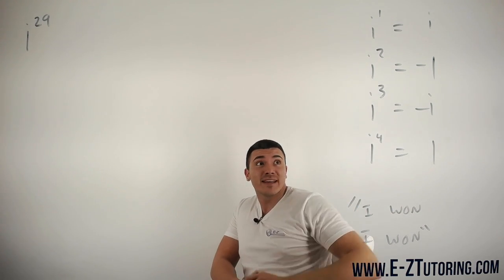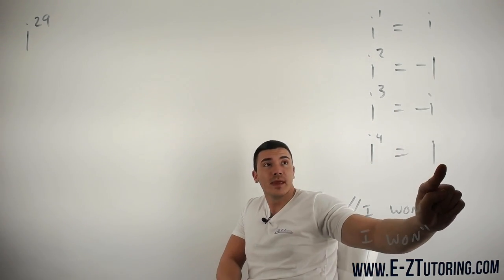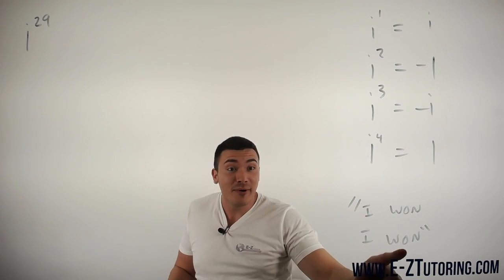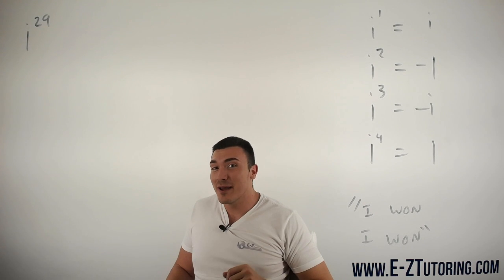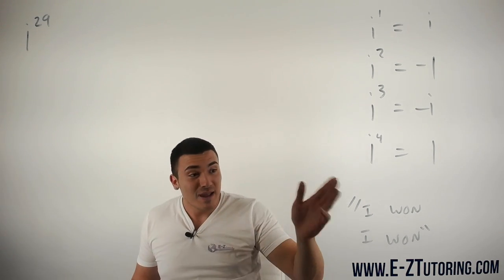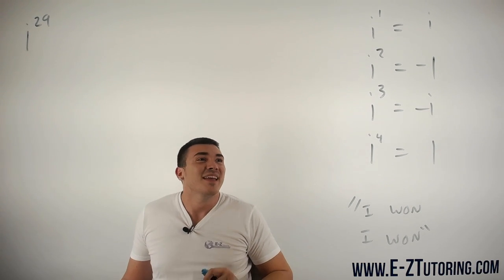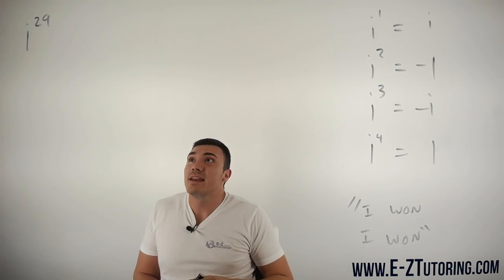Whenever I write this, I just put i, 1, i, 1, and 2 negatives in the middle. That kind of sounds like saying "I won." That's a really good way to remember it. I've remembered this rule for probably 10 years now, so it's a very good rule. This is going to come in handy.